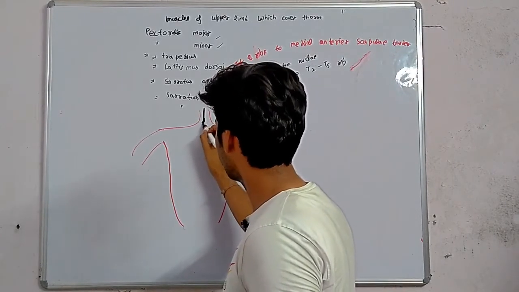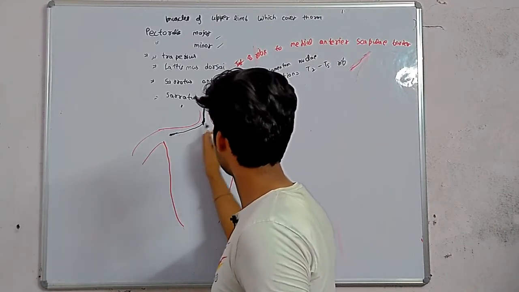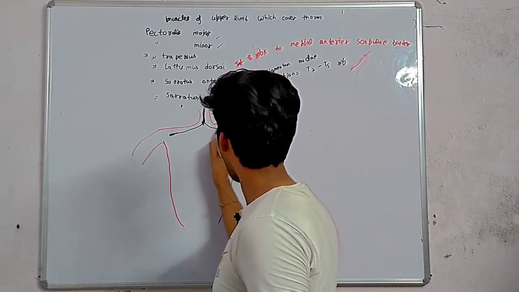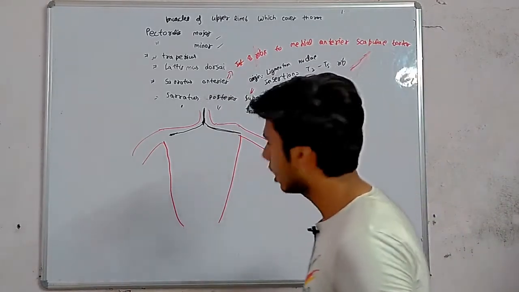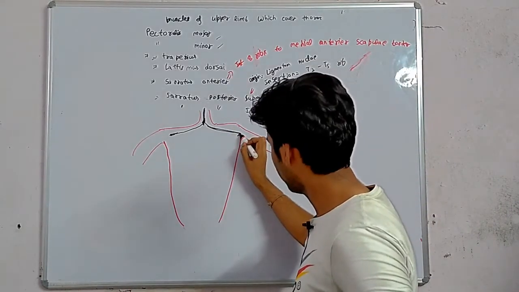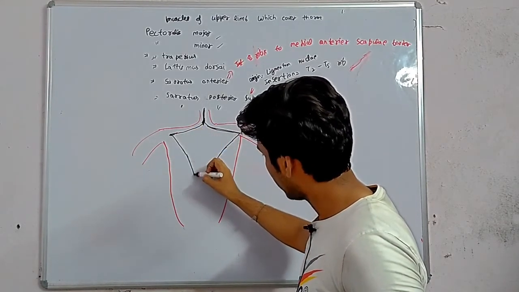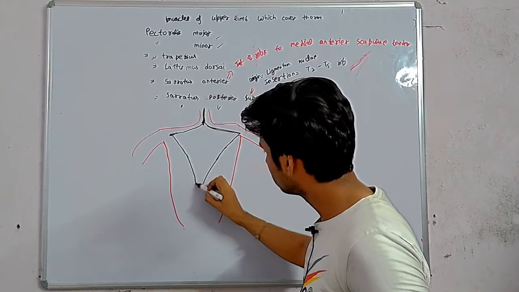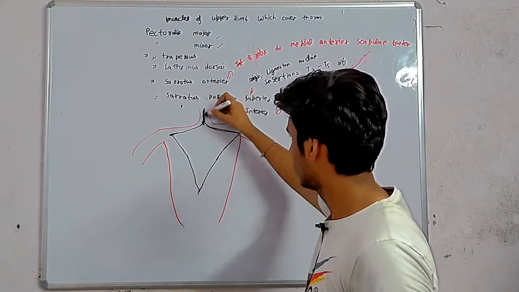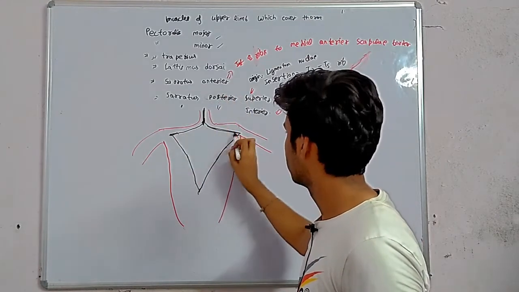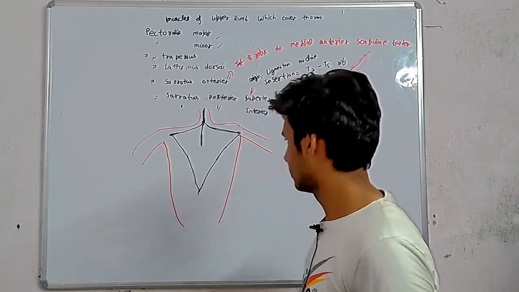It first attaches to the ligamentum nuchae, then goes to the spinous process of the scapula on the inferior aspect, the inferior lip of the spine of the scapula. Then it goes inferiorly and covers all the thoracic vertebrae. Done. Attachment. So this and this are the origins, and this is the insertion.